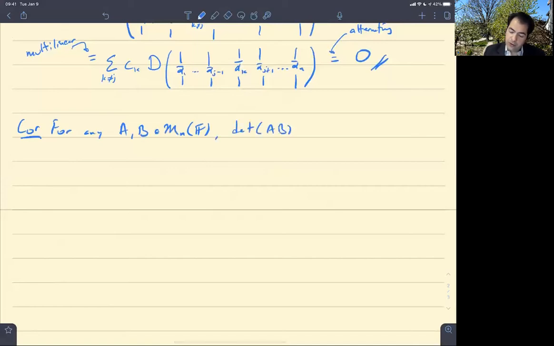So in particular, the determinant of a product of matrices is equal to the product of the determinants. Okay, so let's prove this.